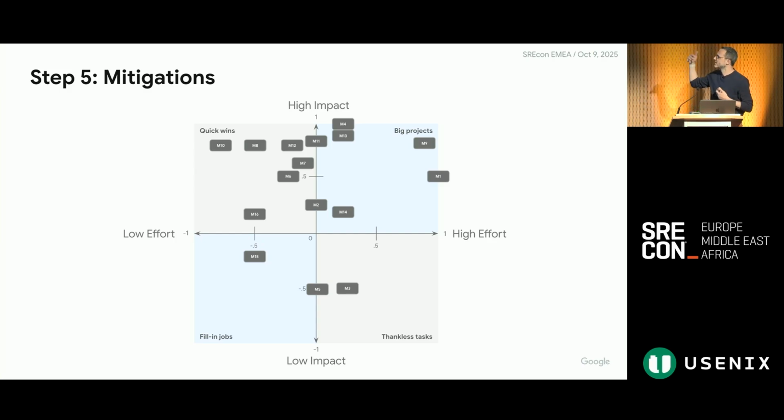It can help to show leadership a graph like this one, for them to make better decisions during planning, for example. And now I am handing it back to Theo for his story time.